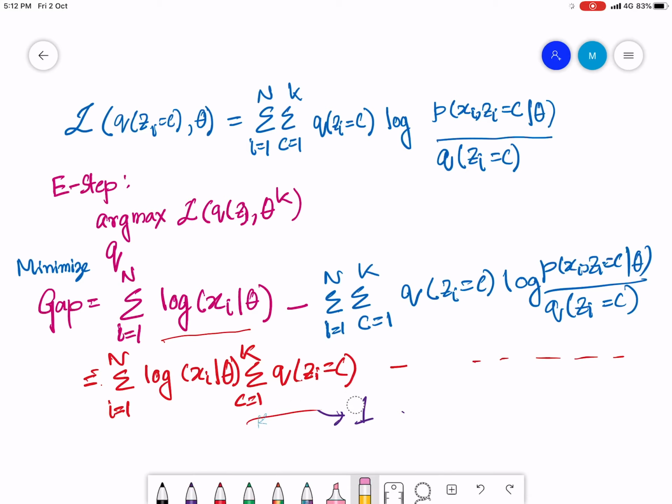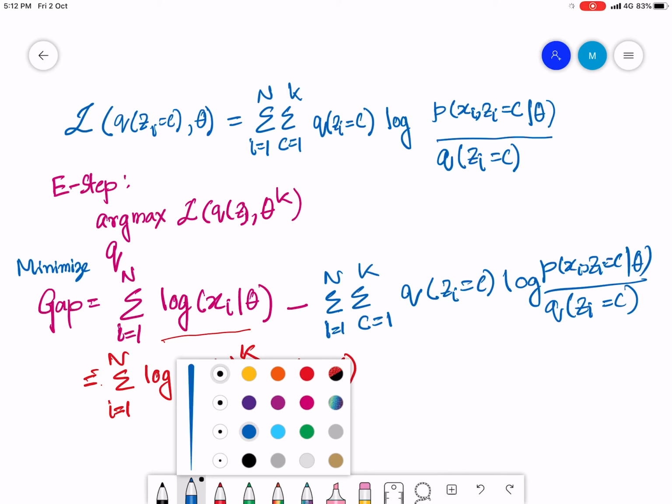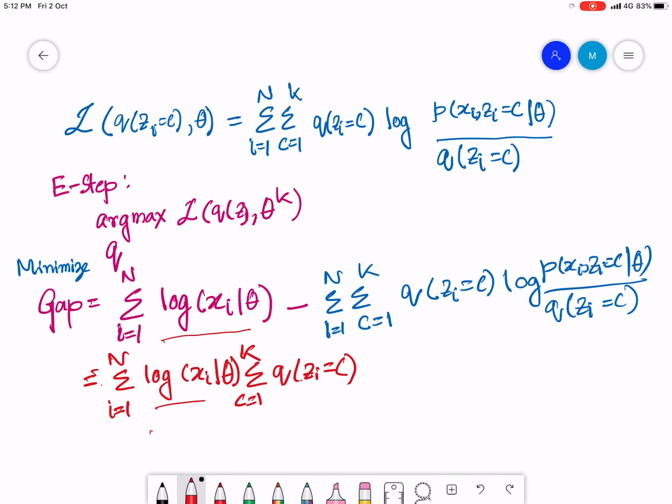Also note that this summation is over c, and the quantity before the summation is actually independent of c.